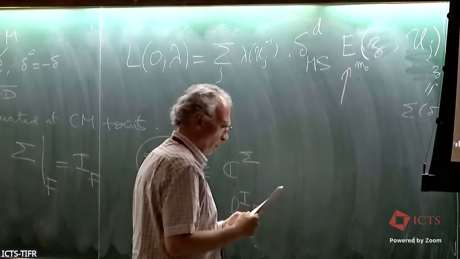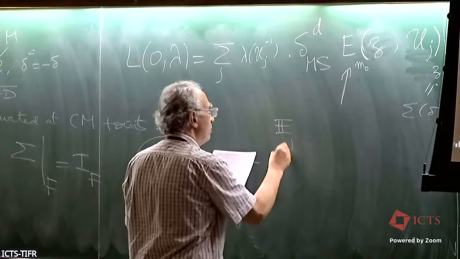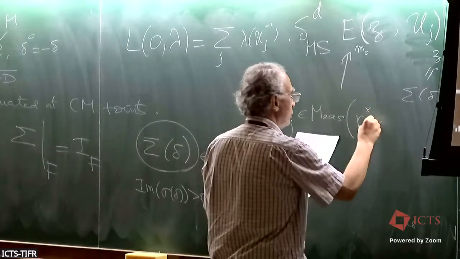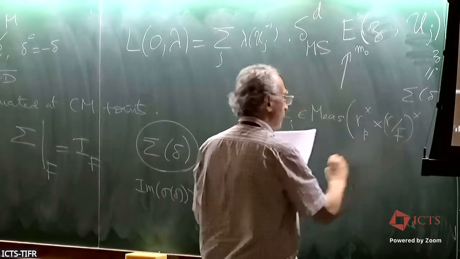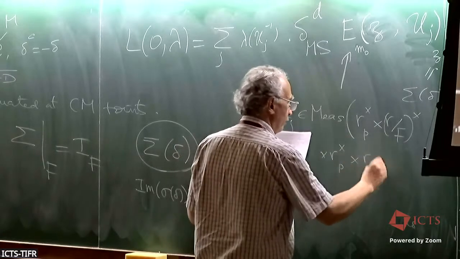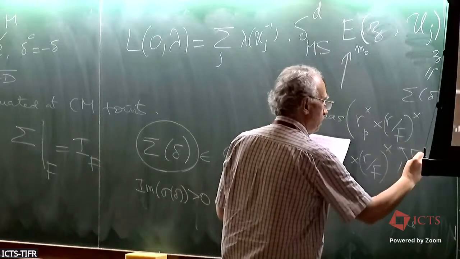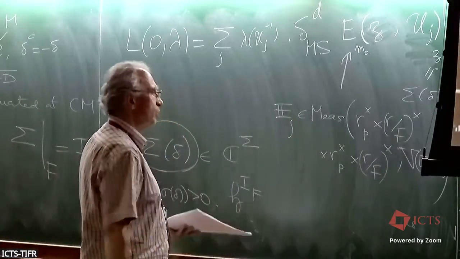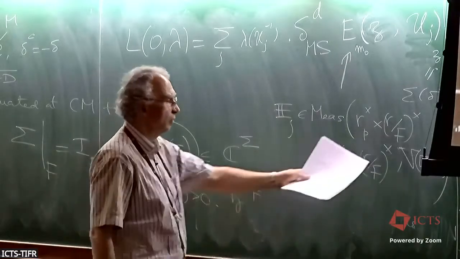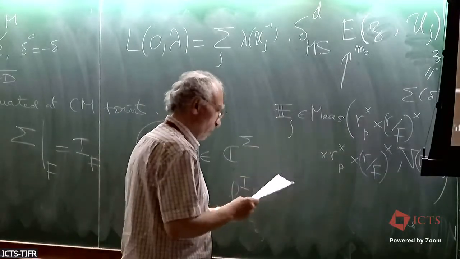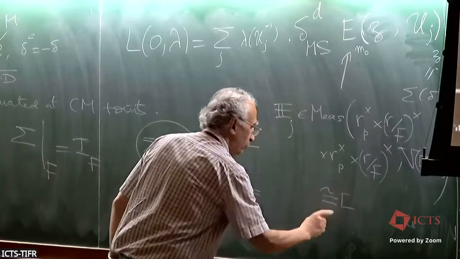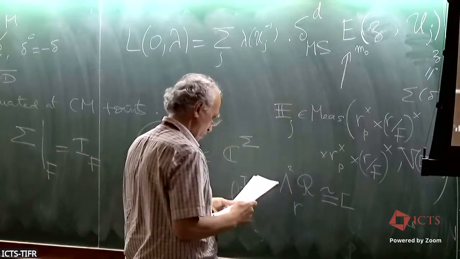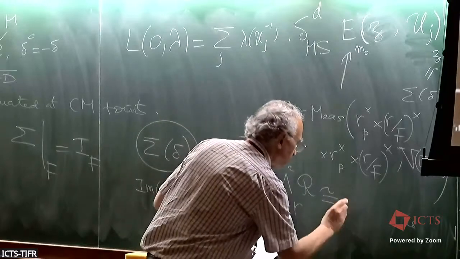So you can define p-adic measures, EJ, on R_p cross times R over F cross times R_p cross times R over F cross with values in the p-adic modular forms with some auxiliary level C, which is absolutely not the previous C. But anyway, C is defined by being the fractional ideal such that lambda 2 of R over R is D minus 1, C minus 1.